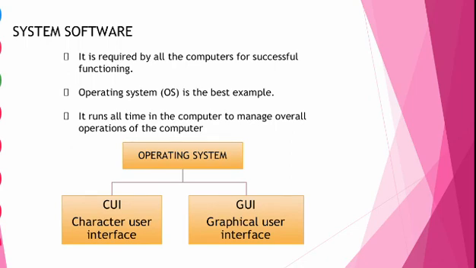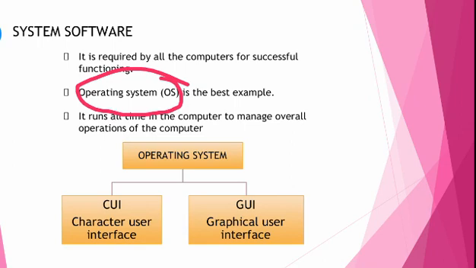Without system software, a computer cannot work properly. The best example of system software is the operating system, which we usually call OS.